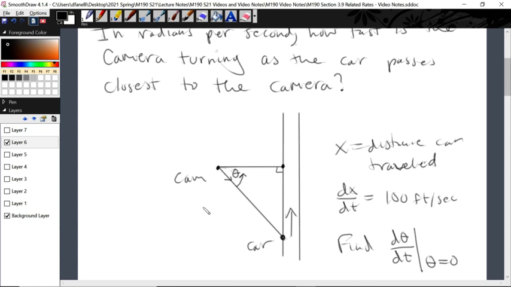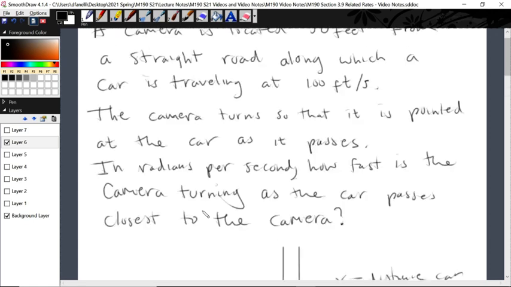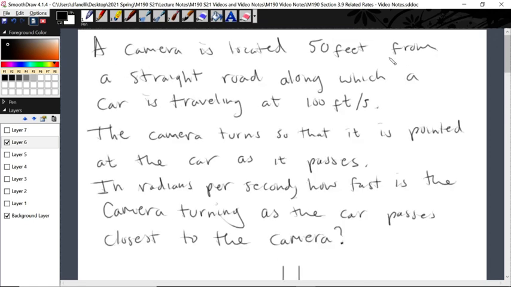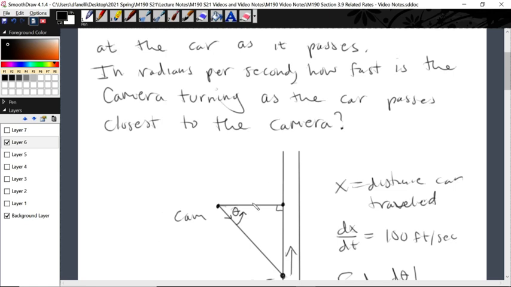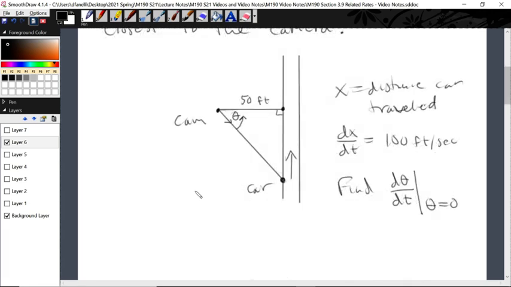What else can we label here? The camera is located 50 feet from the straight road, so this is 50 feet in here. And this length right here is the distance that the car has traveled, so x is this length of the triangle.